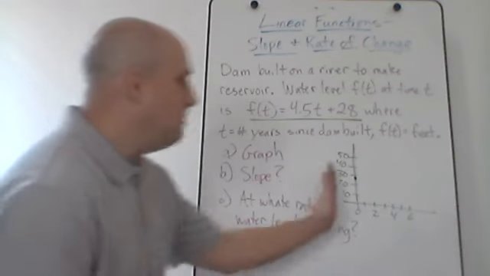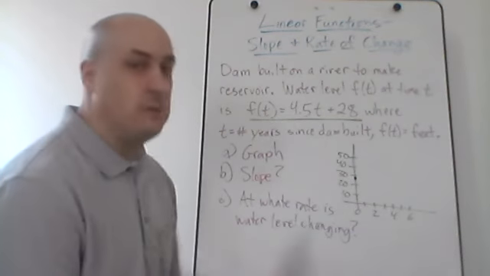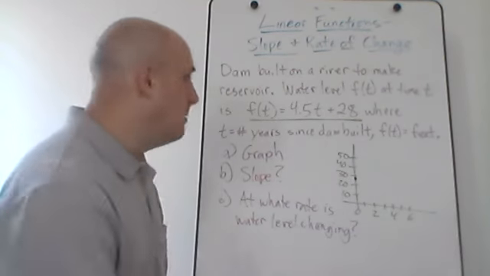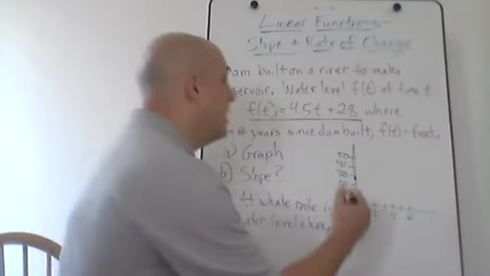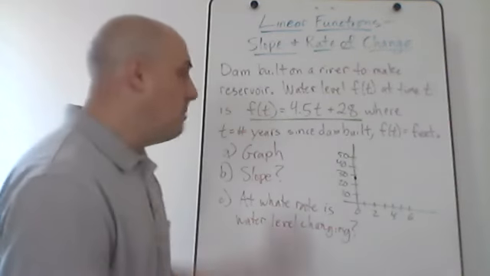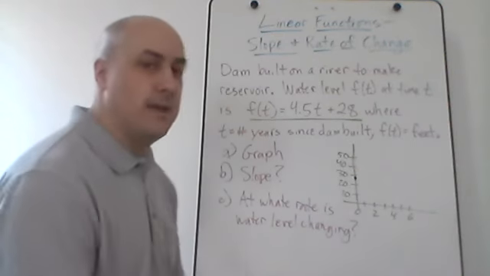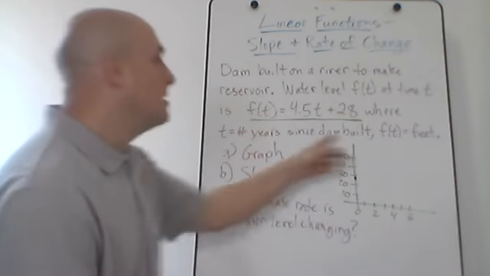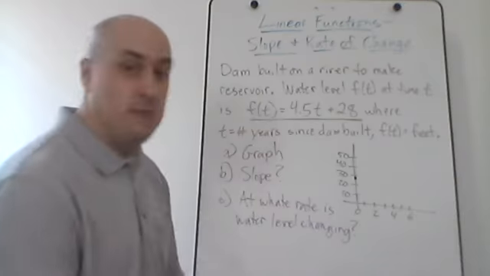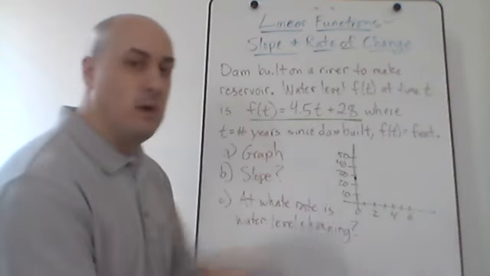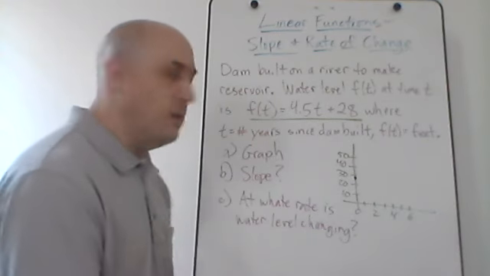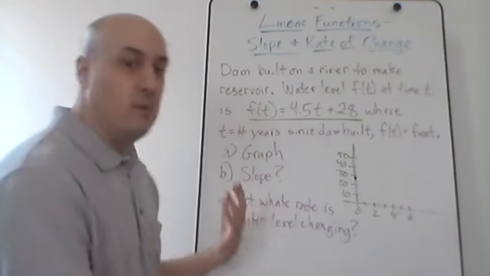Now notice I didn't put any negative t values on here. In this particular problem, it wouldn't make sense to use t equals -1 or t equals -2, because t is the number of years since we built the dam, and f of t is measuring how deep the water is. For t equals -1 or -2, that's 1 or 2 years before we built the dam.